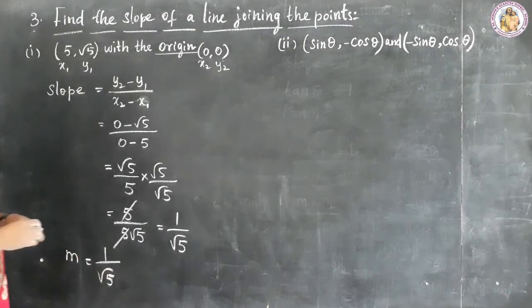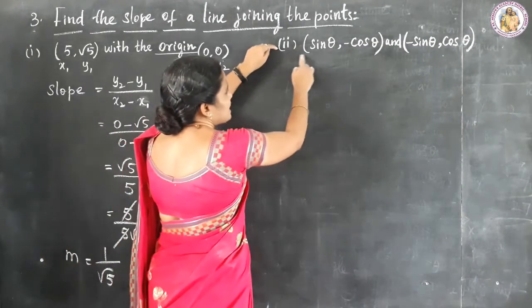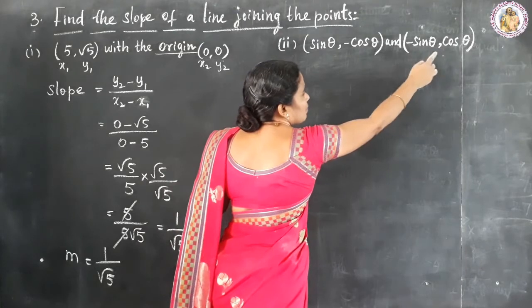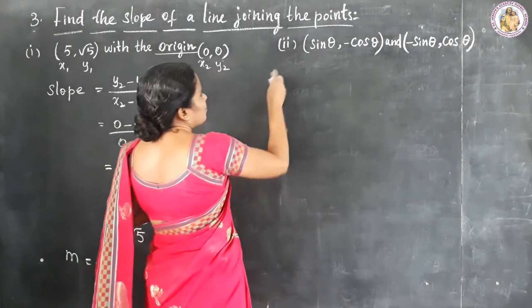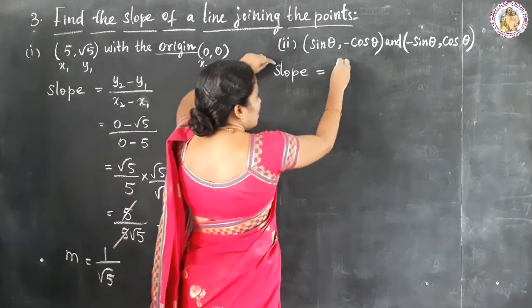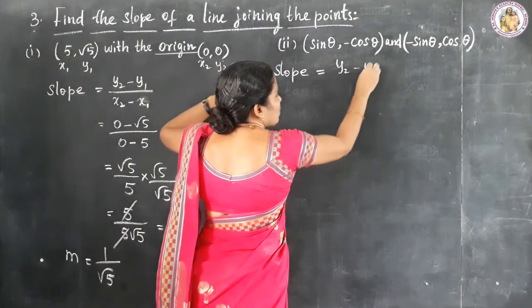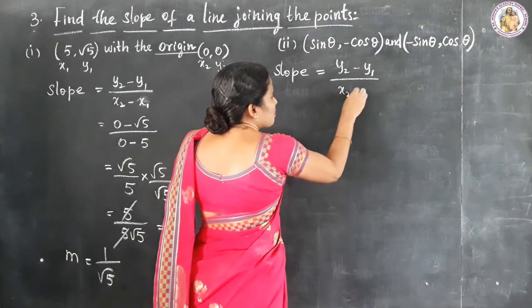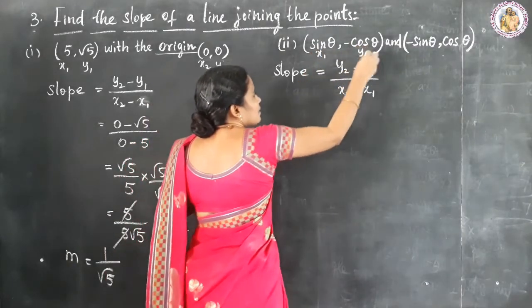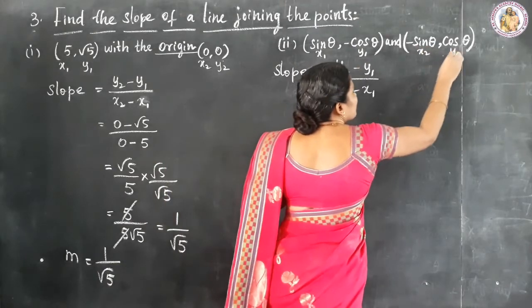And question number 2. The points are sin theta, minus cos theta and minus sin theta, cos theta. Now write slope is equal to y2 minus y1 divided by x2 minus x1, and take these as x1 y1 and x2 y2.